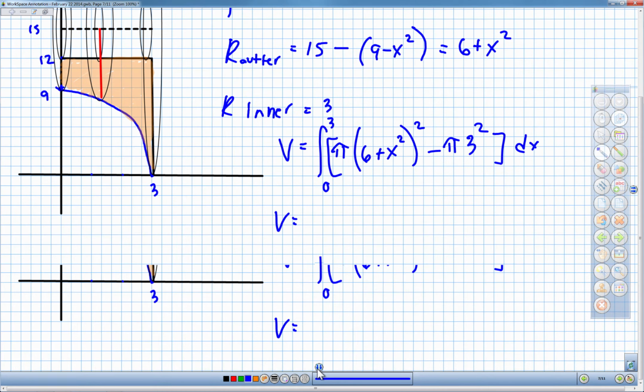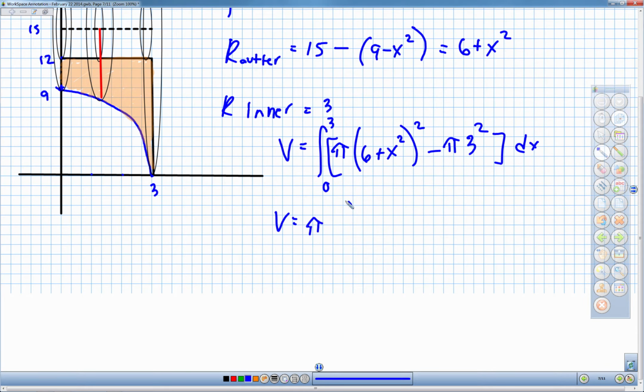So then my volume is going to be pi, I have a common pi I can pull out, from 0 to 3 of 6 plus x squared, squared, minus 9 dx.